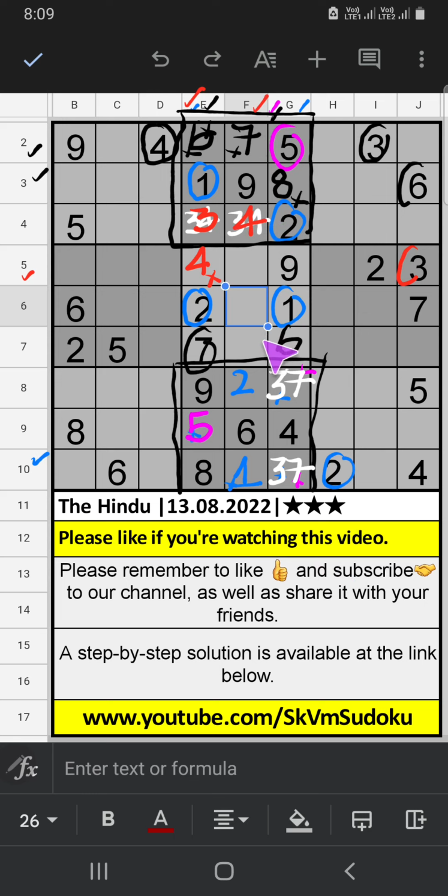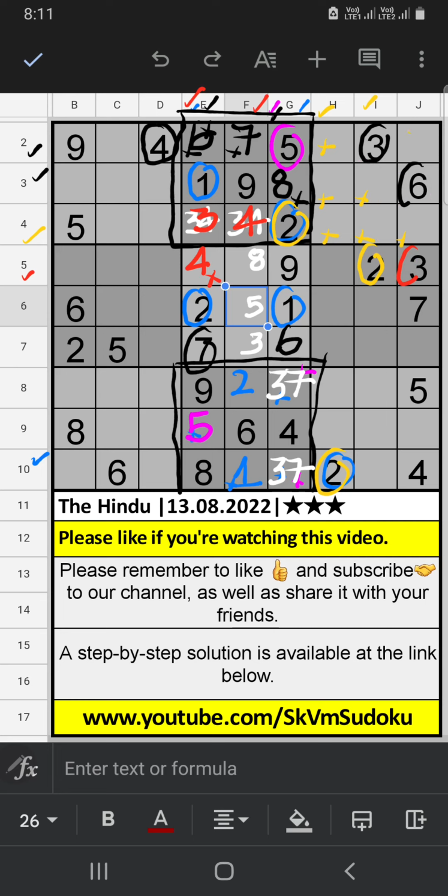Column F, 3 numbers are remaining, 3, 5, 8. It will come in one of the cells. We will confirm later. Column H, column I, and fourth row, we have 2. So 2 can't come in these cells.